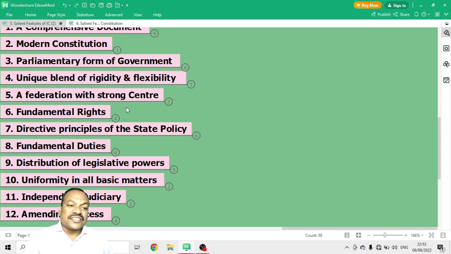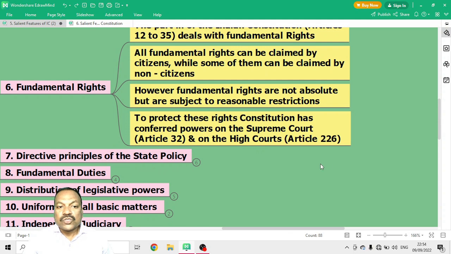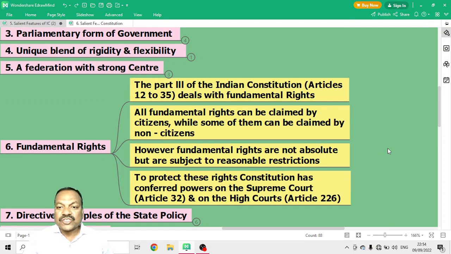Now, the next characteristic of our constitution is fundamental rights. Fundamental rights have been explained in our Indian constitution under Part Third. It extends from Articles 12 to 35, which deal with the fundamental rights. All the fundamental rights can be claimed by citizens, while some of them can be claimed by non-citizens also.